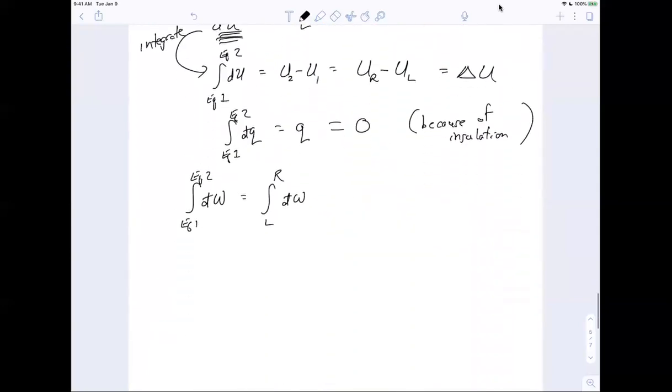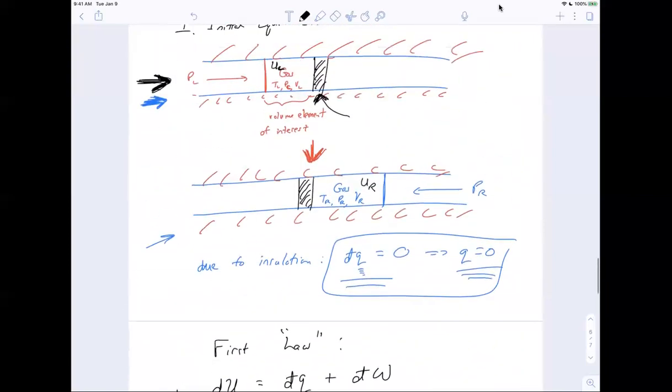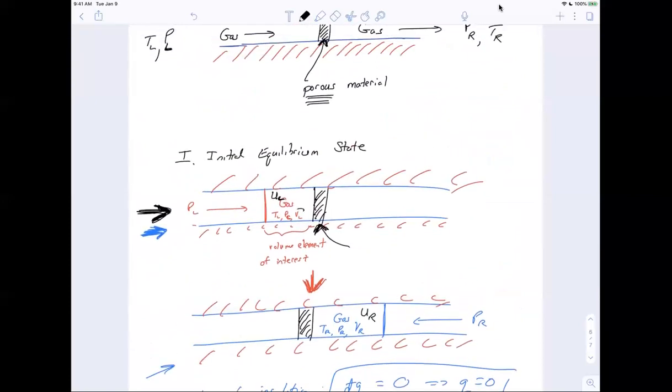So for that part of the process, you know that dW is minus P external times dV. We haven't said anything about whether this is reversible or irreversible, so we have to write our general expression. And then the volume limits of the integral are going to be, initially V left, because that was the volume, and then finally, as this volume element goes through, there will be 0.